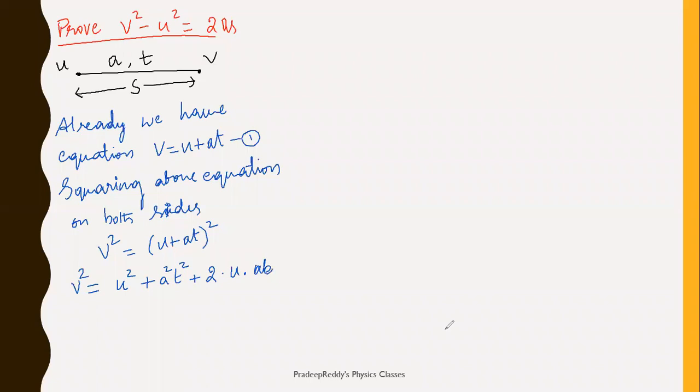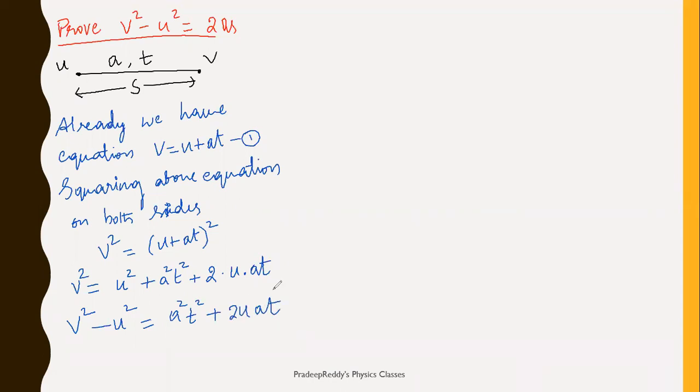It is 2u into at. Right? Now bring this u square onto the other side. v square minus u square, bringing it to the left side. Remaining is a square t square plus 2uat.